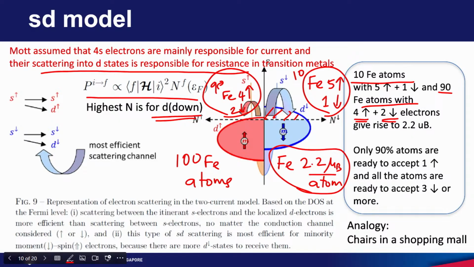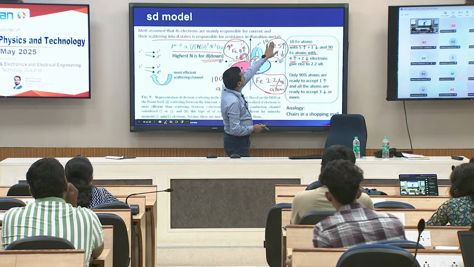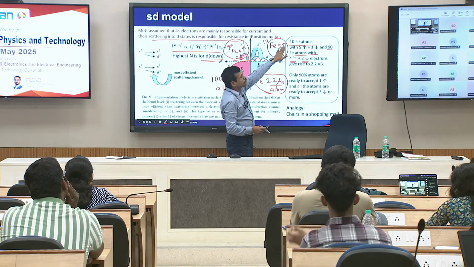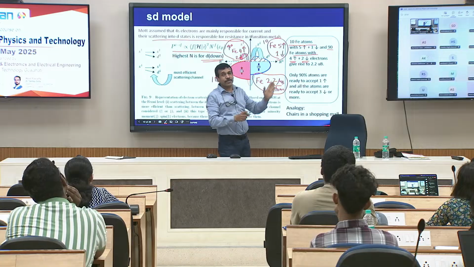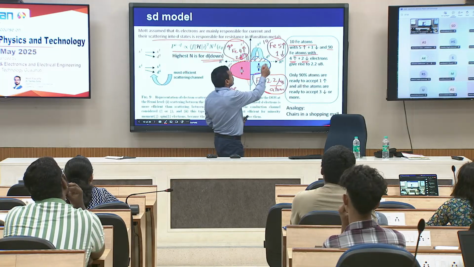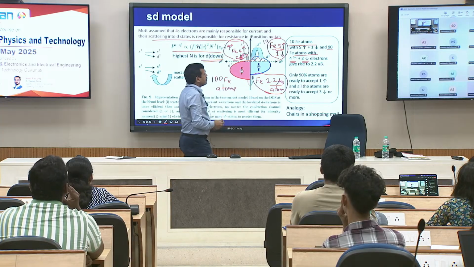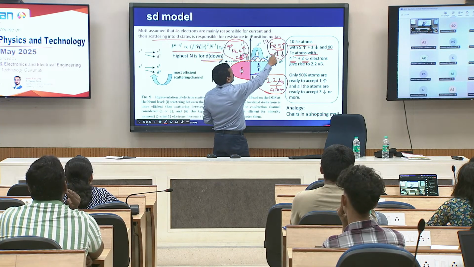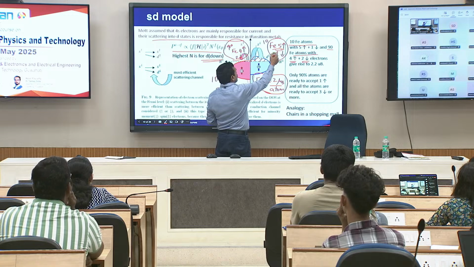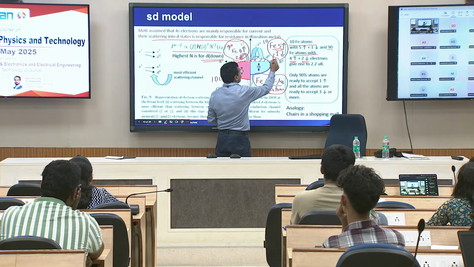So, in this very simplistic picture, you can notice that these 10 atoms will not accept any spin up electrons, because all the 5 states for the spin up are completely filled. They will not accept any spin up electrons, and these atoms can accept 4 spin down electrons.